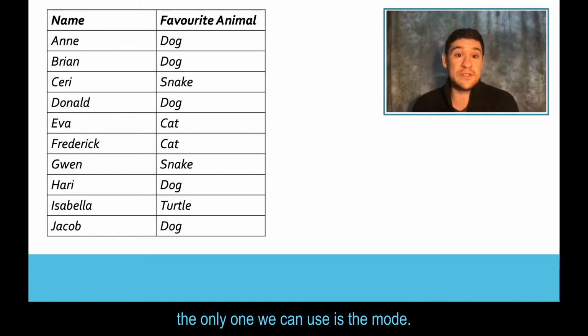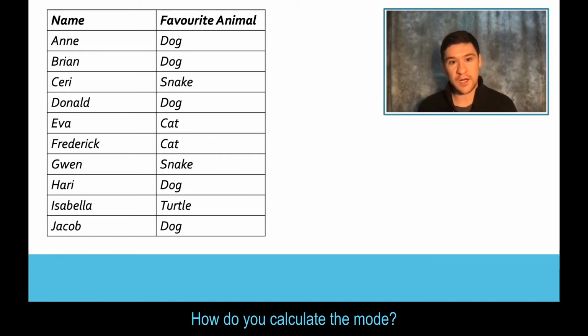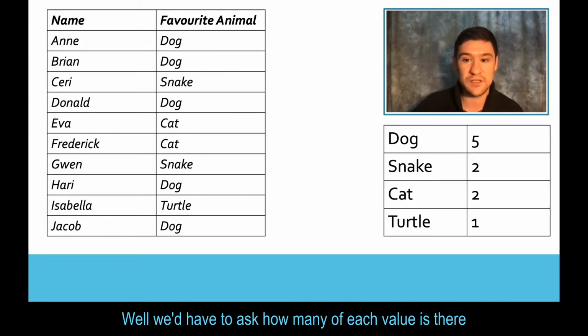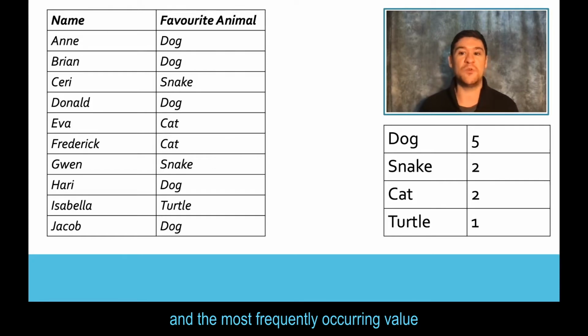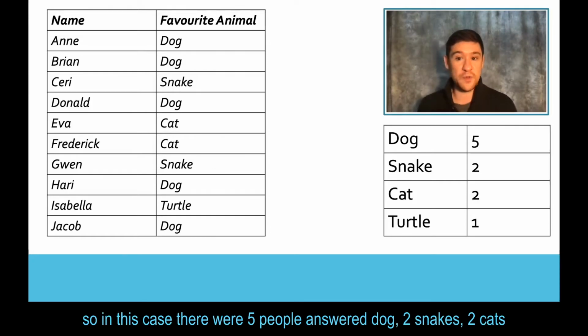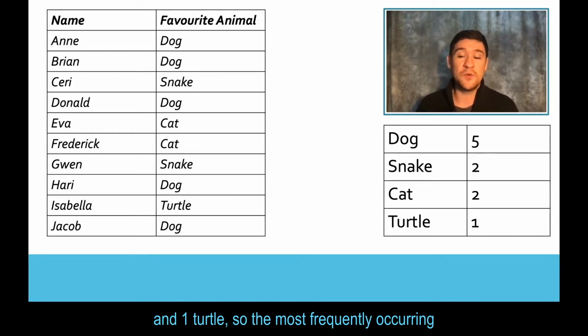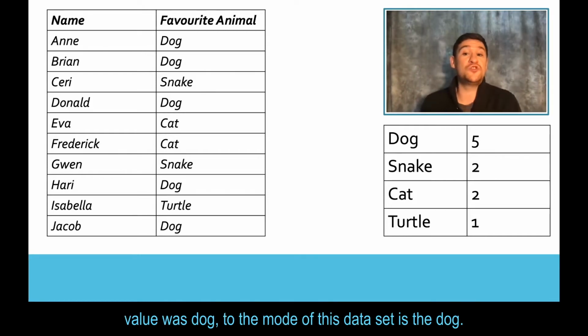So the only one we can use is the mode. So how would we calculate the mode? Well, we'd have to ask how many of each value is there, and the most frequently occurring value. So in this case, 5 people answered dog, 2 snakes, 2 cats, and 1 turtle. So the most frequently occurring value was dog. So the mode of this data set is the dog.